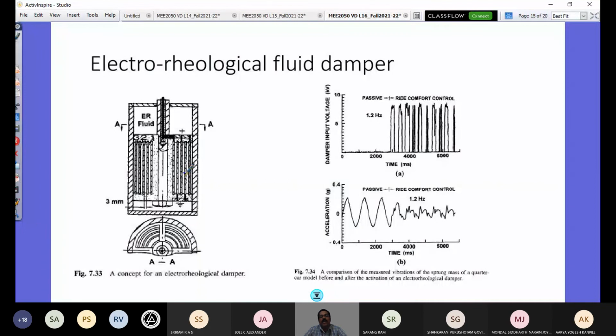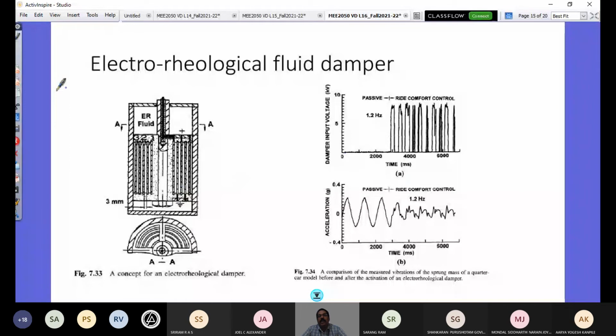According to that variation of viscosity, you would have a varying damping force in your system along with your spring, and that would account for the requirements of all three aspects, right?